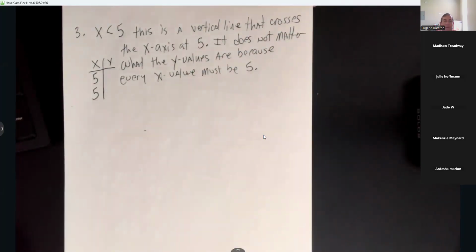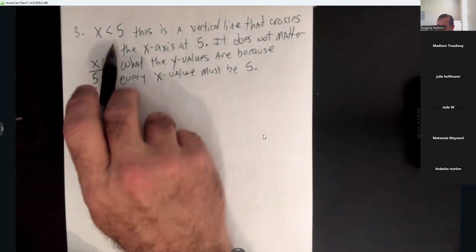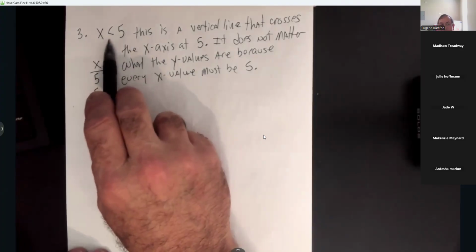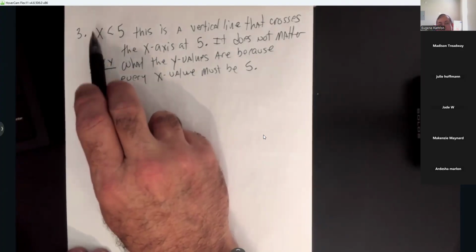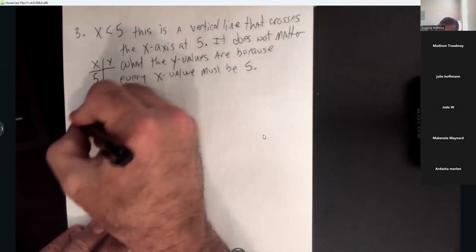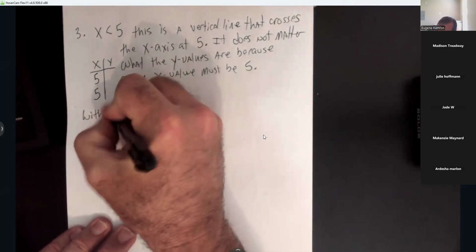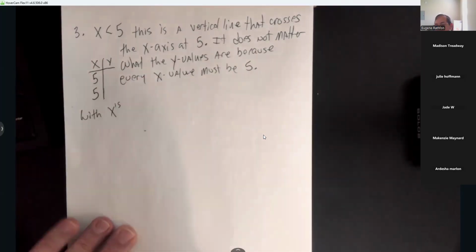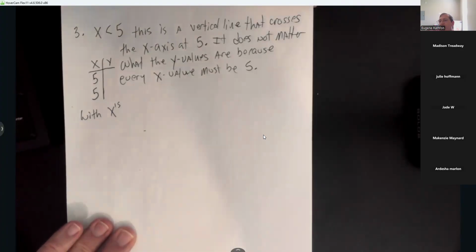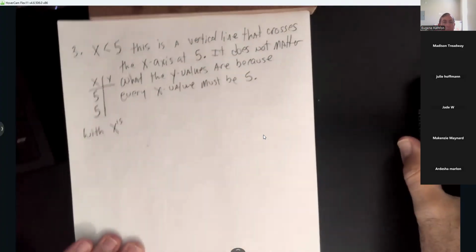Okay? Now, it's a dashed line because there's no equals under it. Now, when you're dealing with x's, they sort of shade different because you don't have an up above and a below on an x line like this when it's vertical.